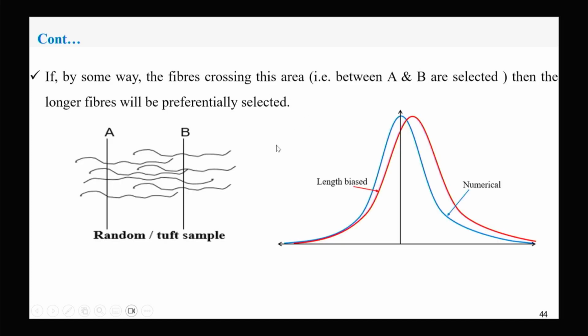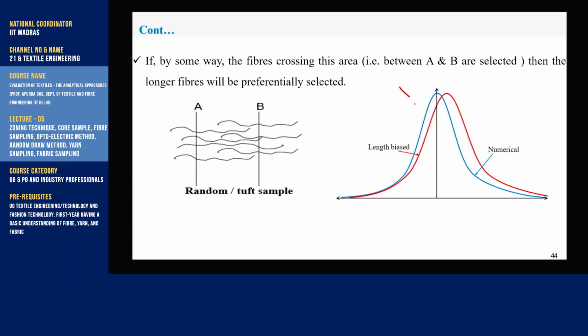And when we select the length bias sample, that means this is the bulk, and we may consider this bulk as a normal distribution, blue color. There is a bulk sample. The fiber lengthwise distribution is long. This length bias sample, that's a normal distribution.